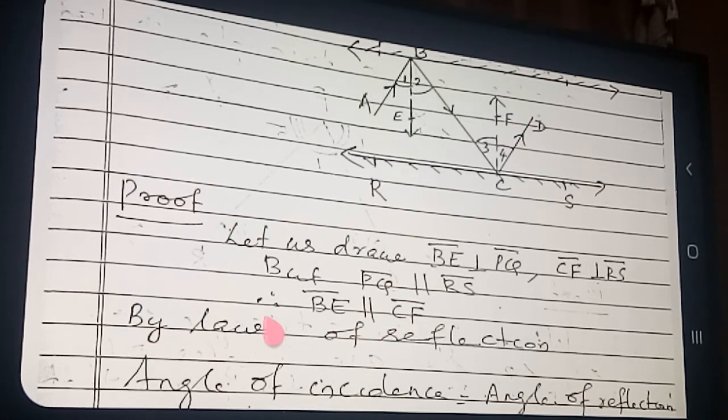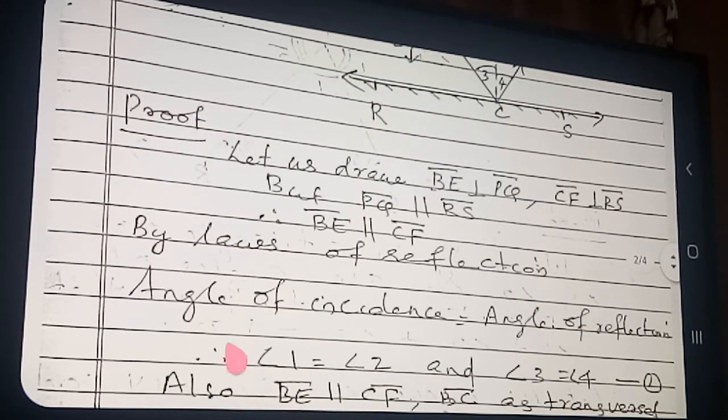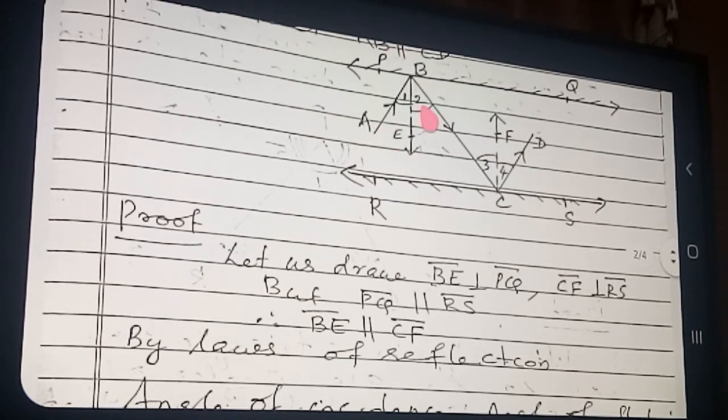By the laws of reflection, which I hope you studied in 8th standard, what does the law of reflection say? Angle of incidence and angle of reflection are both equal. So the angle of incidence at a point and the angle of reflection at that point are equal. At this point, this angle is called the angle of incidence and this the angle of reflection.